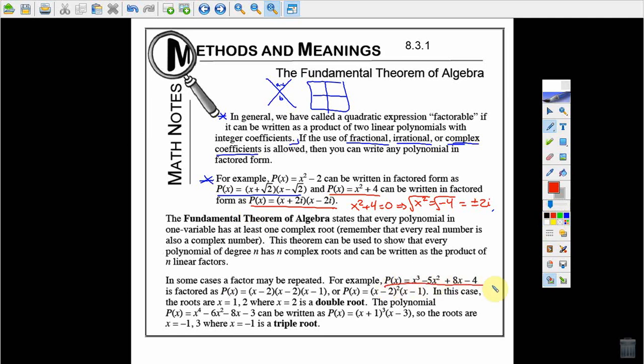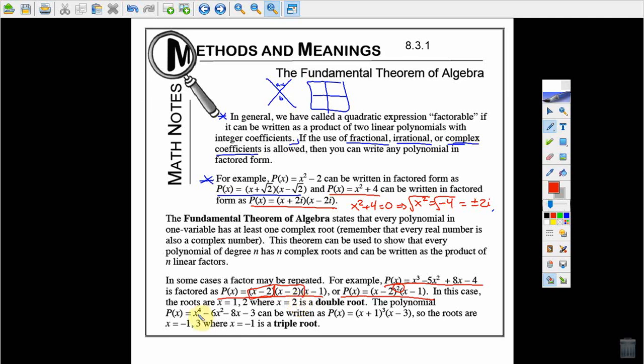x cubed minus 5x squared plus 8x minus 4 is factored into x minus 2 times x minus 2 times x minus 1, or x minus 2 squared times x minus 1, in which case we get a double root here because we have that square, or we have this factor repeating itself twice.